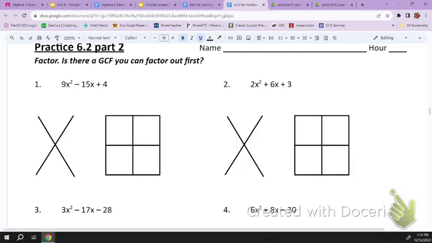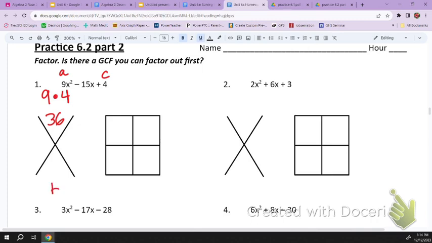There's no GCF. There's nothing that can go into 9, negative 15, and 4. So what we're going to do is we're going to put our A value times our C value in the top. What's 9 times 4? 36.